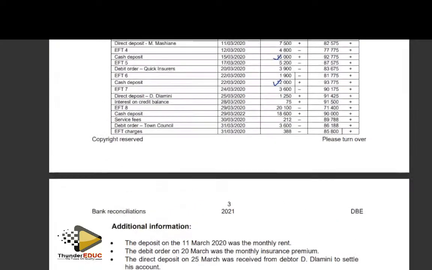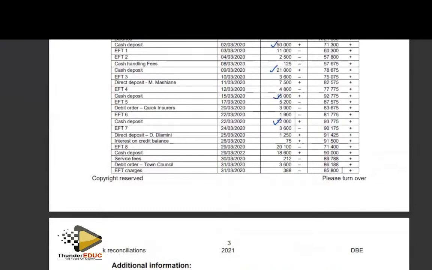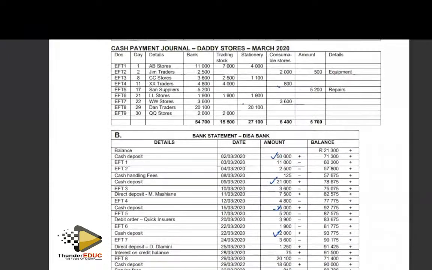Then we have another plus. This one, 12,000 and 50. So 1,250. Okay, there is another one here which we never saw in the cash receipts journal, the 70,000.